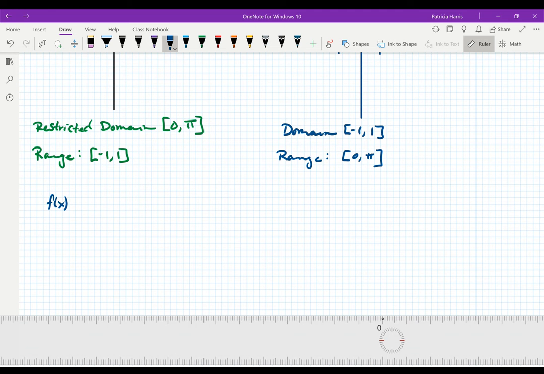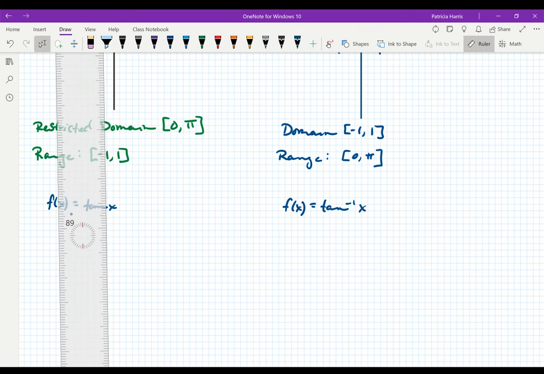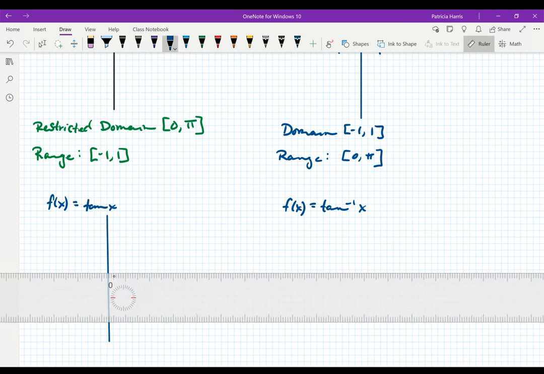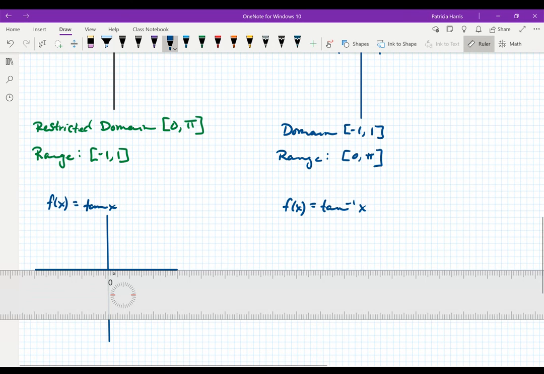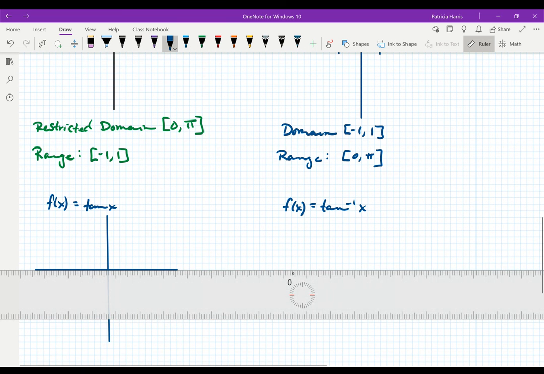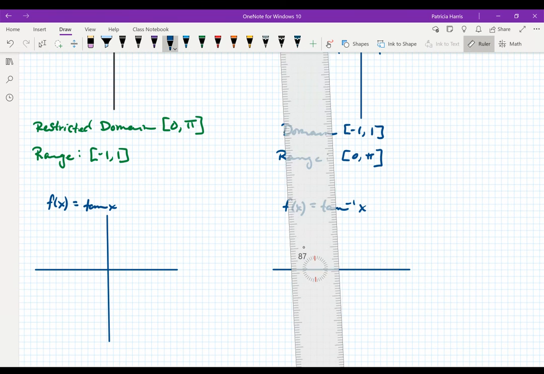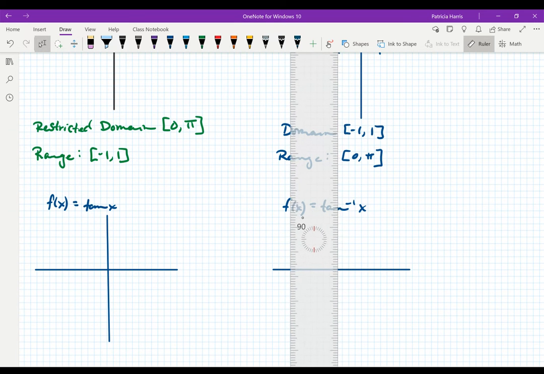So tangent, remember, is the one with the asymptotes. Again, we're just trying to restrict our function so we do have that one-to-one. You have to remember that nothing has really changed with these.